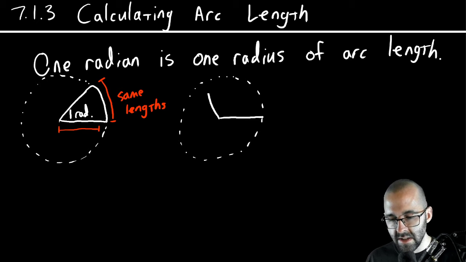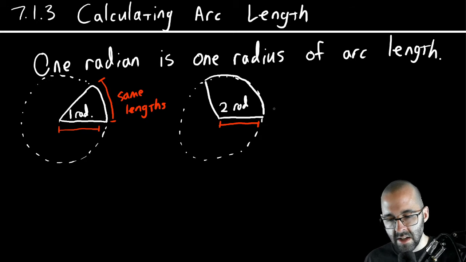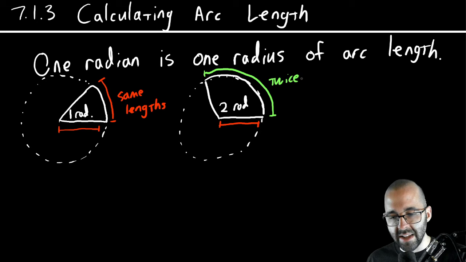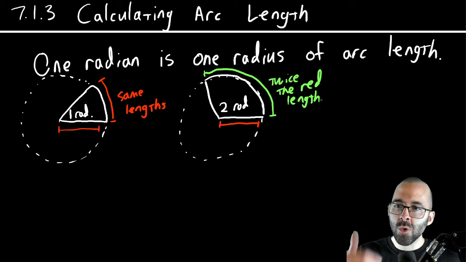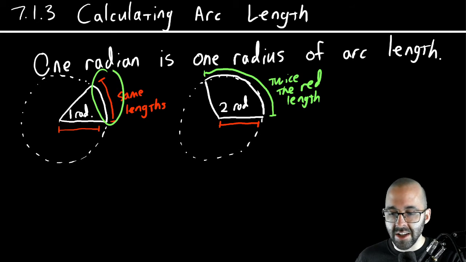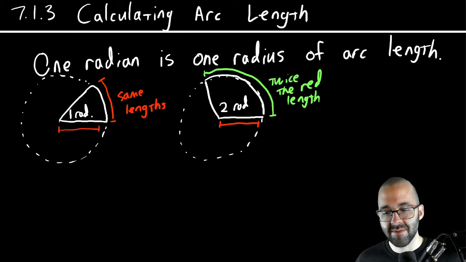If we had 2 radians, then this distance right here is 1 radius, and this distance up here is twice that. That's the whole point of a radian. The whole point of a radian is 1 radian is an arc length of 1 radius.